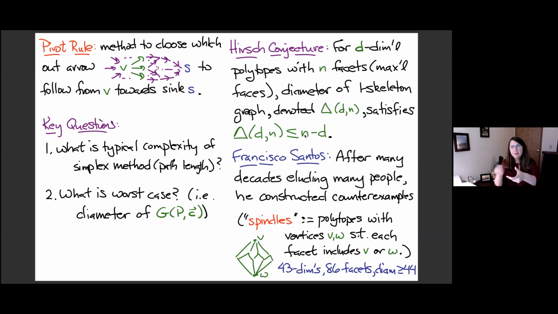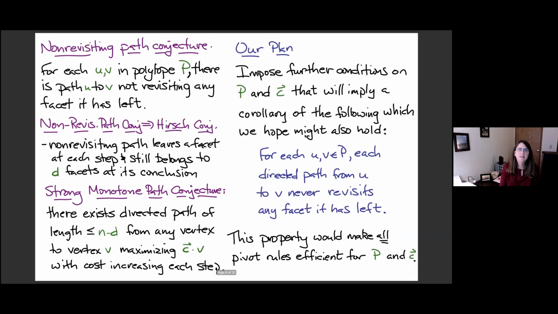Every time you follow an edge, you depart from a facet. So you have n facets to begin with. If you took more than n minus d steps, then every time you follow an edge, you depart a facet, but at the end, your vertex is still contained in d facets. So you can only take at most n minus d steps if you're never allowed to revisit. That's why non-revisiting would imply Hersh. So anyway, they're both false.